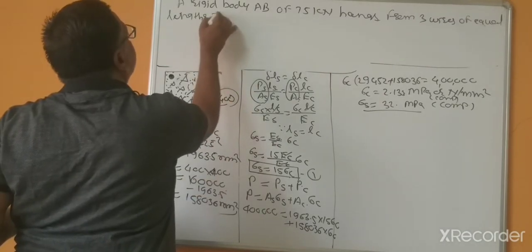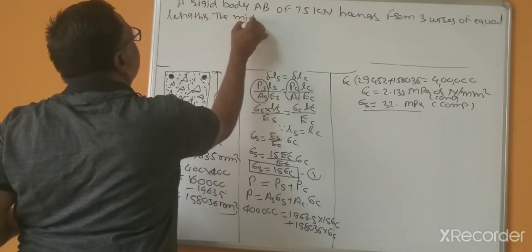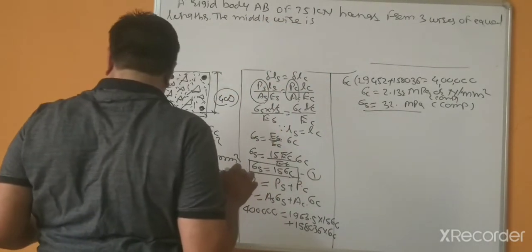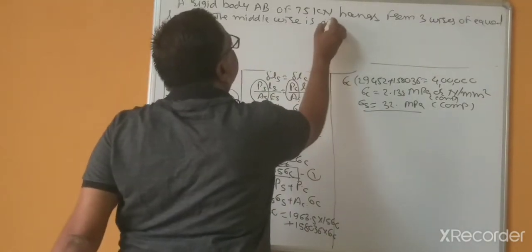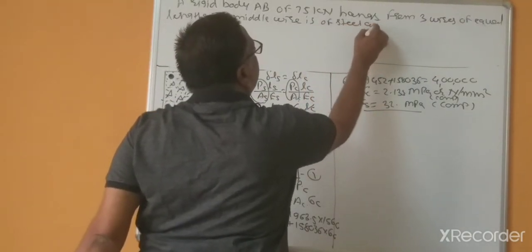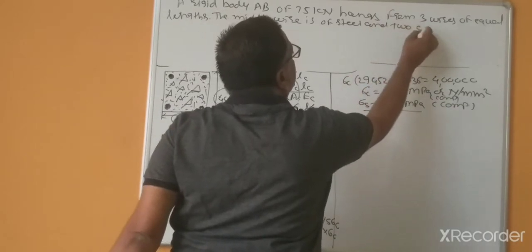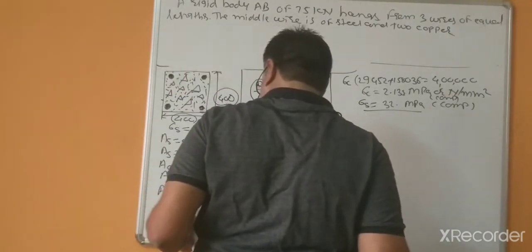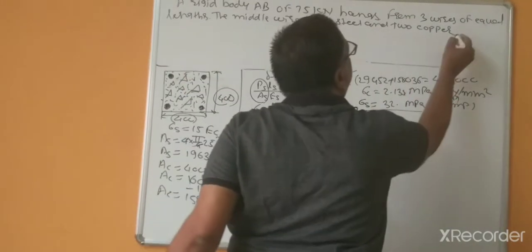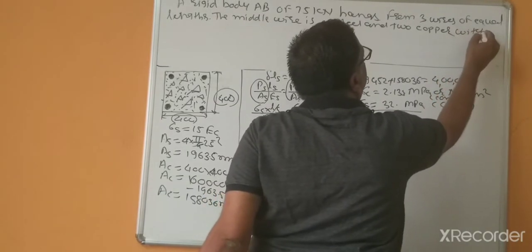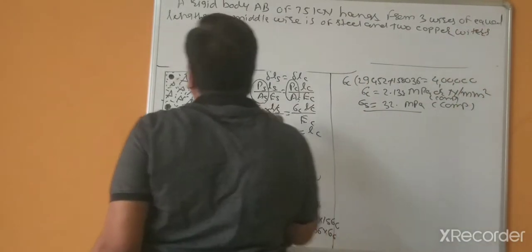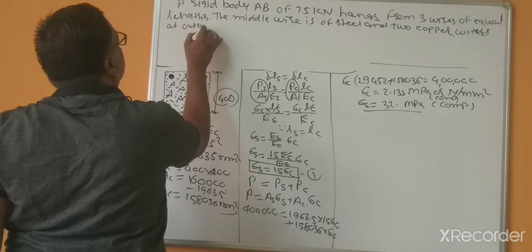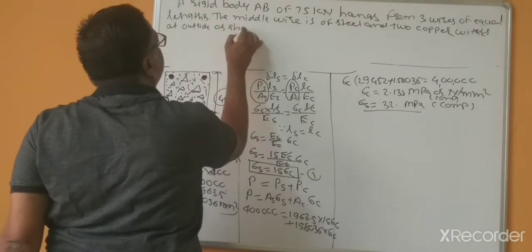The middle wire is of steel and two copper wires are at the outside, as shown in the figure.